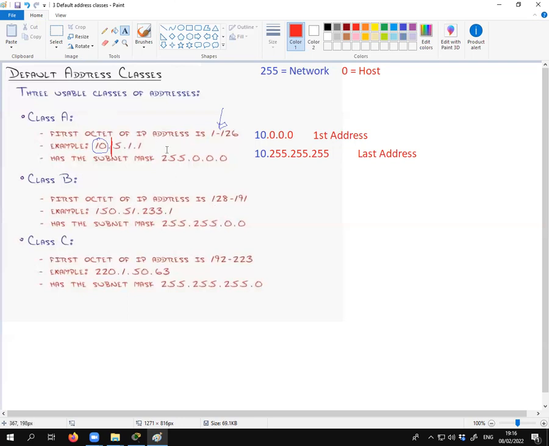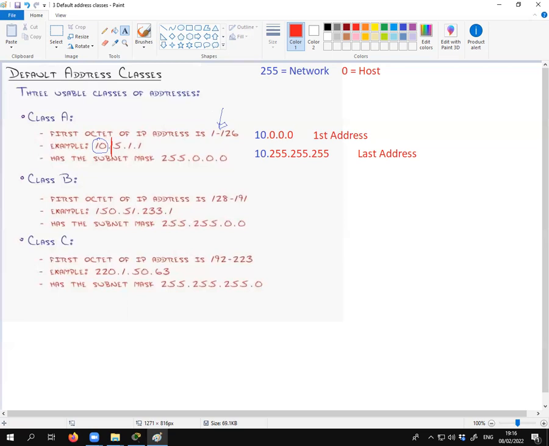I could have a class A with 255.255.255.0. The only way to identify what makes a class A address is where the first octet is. So this is a class A address because the 10 here is in between the 1 to 126. It's a great question. I'm going to come back to that as well.